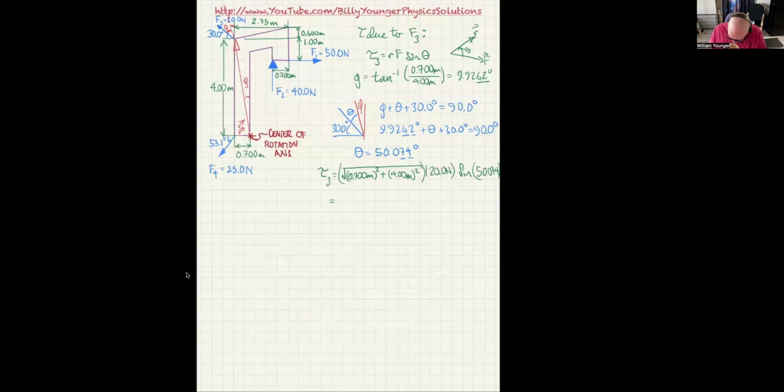So I'm going to take 0.7 and square that, and I get 0.49, which means I'm actually good to 3 decimal places. And I'm going to take 4 and square that, and that's going to give me 16. And since that had 3 sig figs, that means I'm good to 1 decimal place.